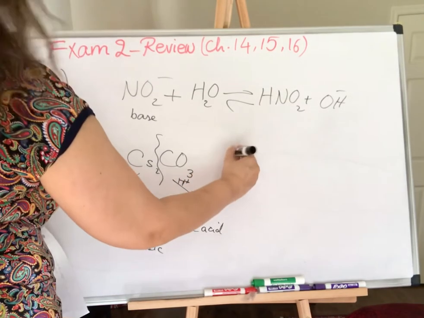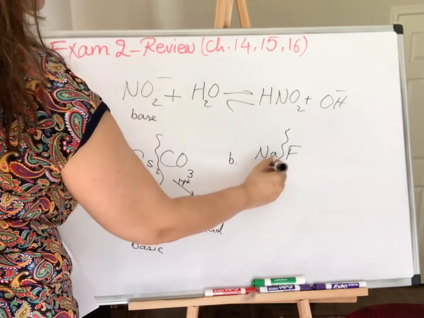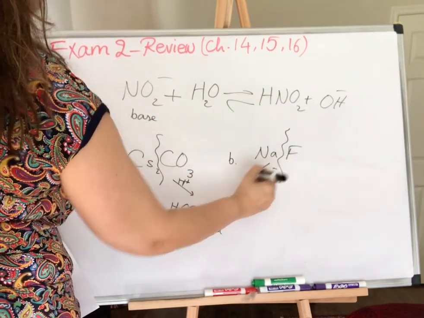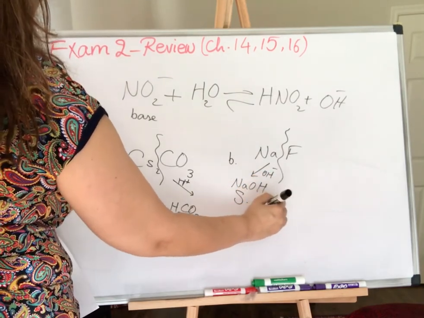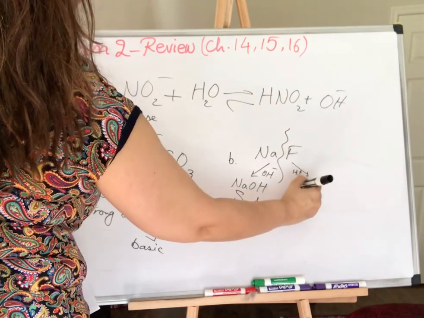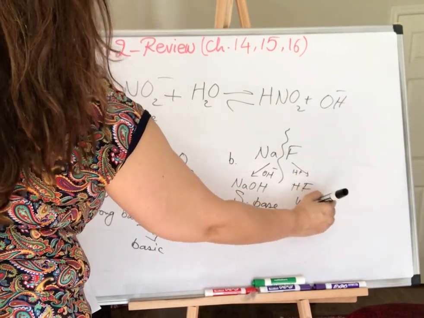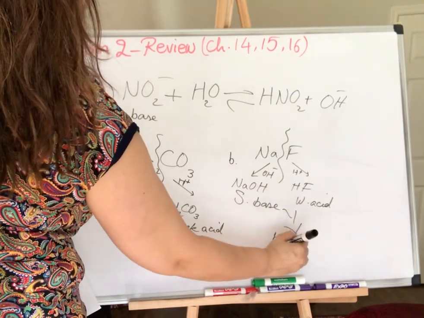NaF, B. NaF, again, divided. This first part always with OH is a strong base. And this is HF, a weak acid. So again, the result is going to be basic.